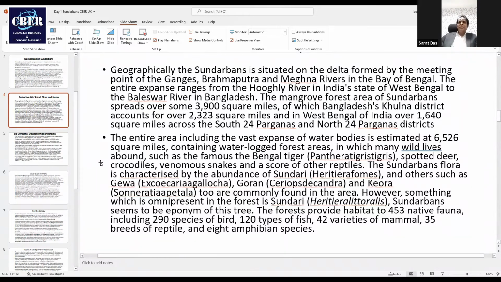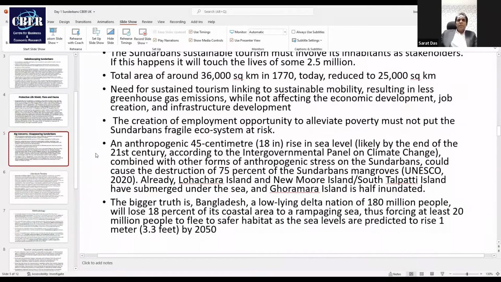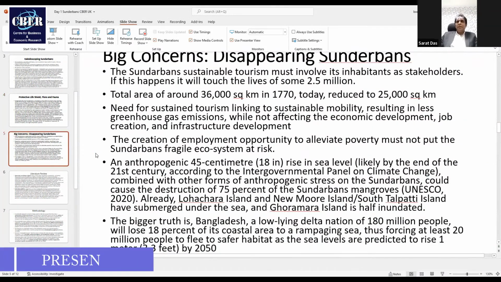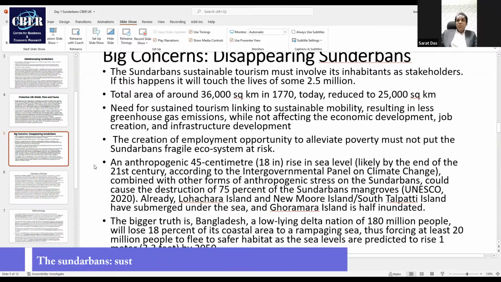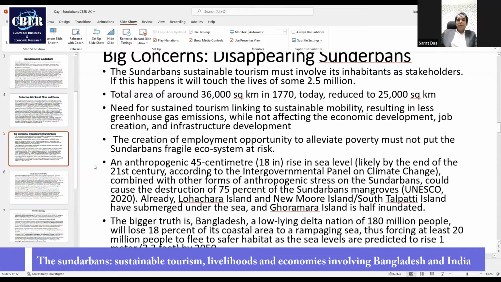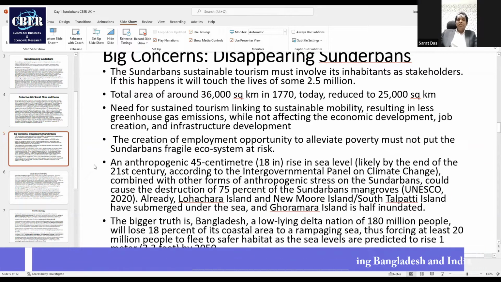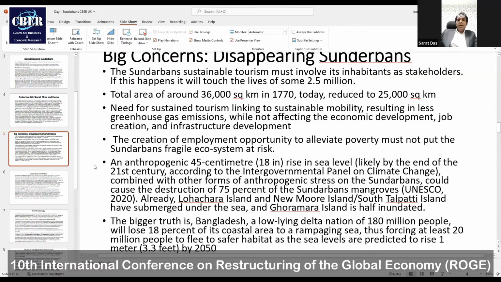The next slide is about our big concern, where the doomsday preacher would say that this entire Sundarban probably will not be there. One of the predictions is that by 2050, the sea level would rise and we would lose a huge landmass from this low-lying delta region.